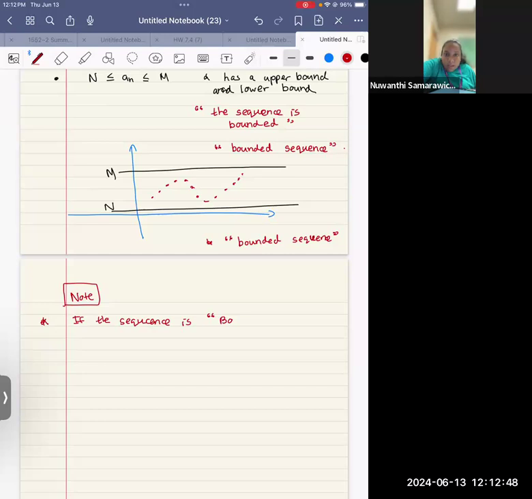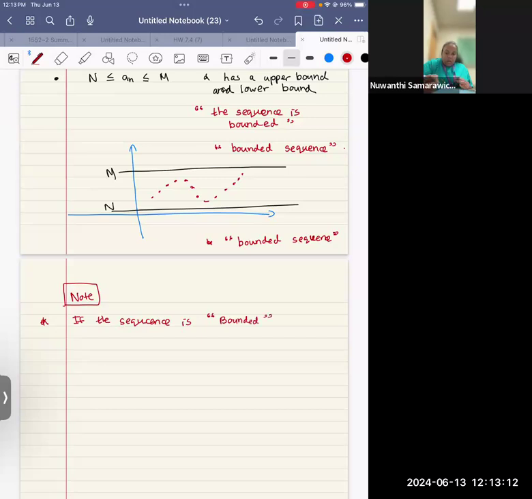There's a question: will the upper bound and the lower bounds only have the monotonic sequence and the bounded sequence? Yeah, I'm going to talk about it after this one.